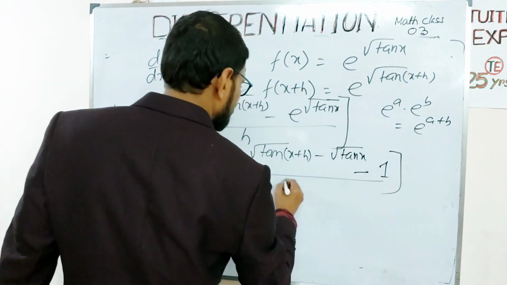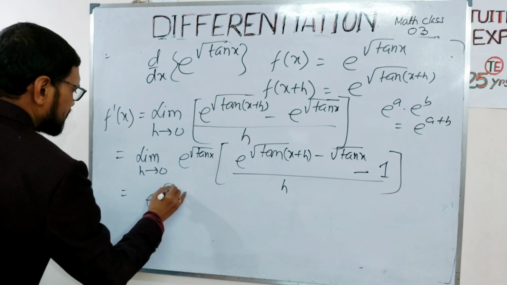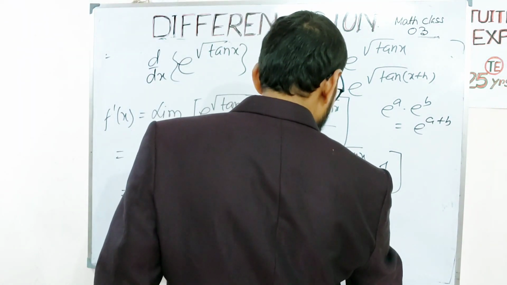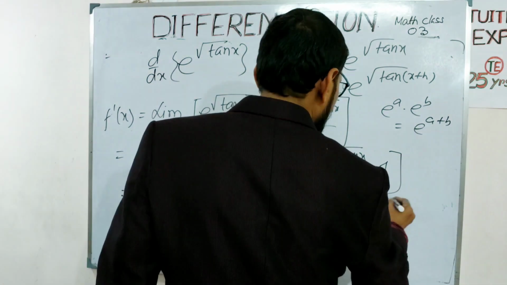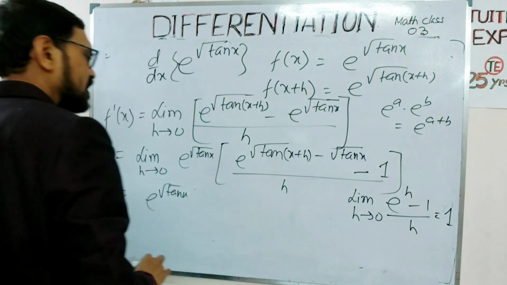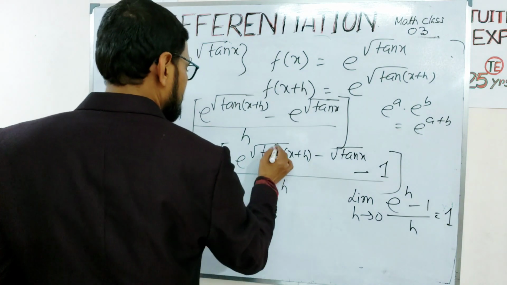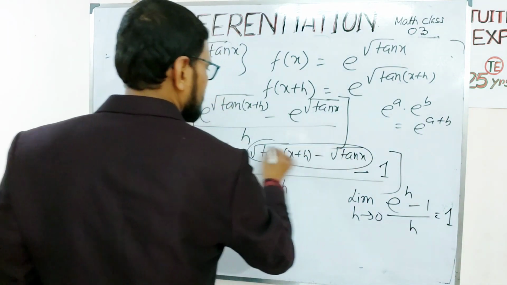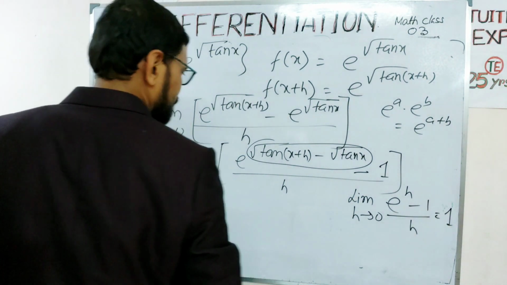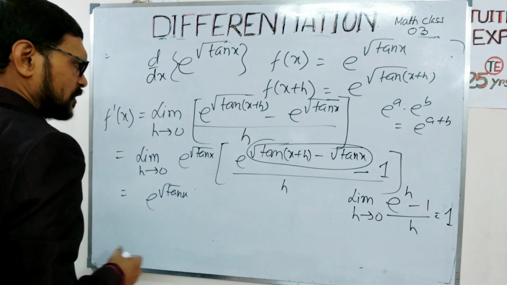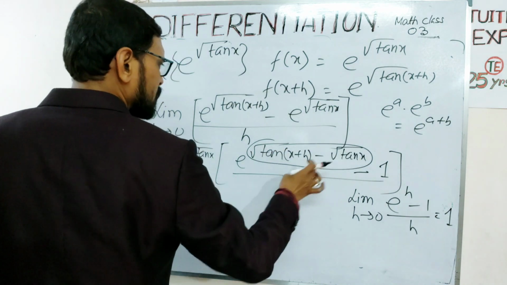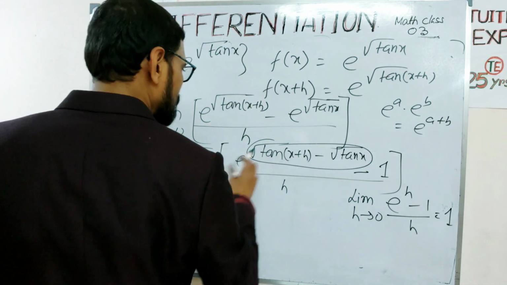Now this is h. So e to the power root tan x into, now the formula: limit h tends to 0 of e to the power h minus 1 by h equals 1. Think of this formula. So we have to consider this value. Now if h tends to 0, then this whole term will be 0.